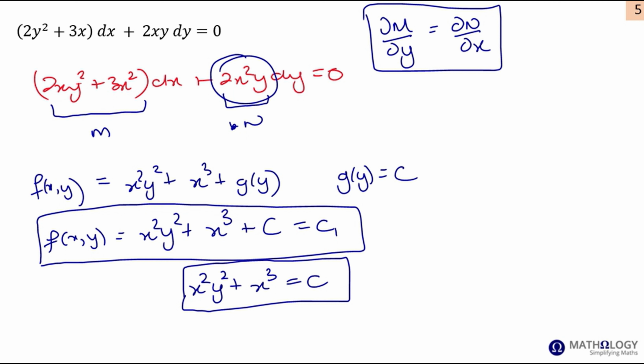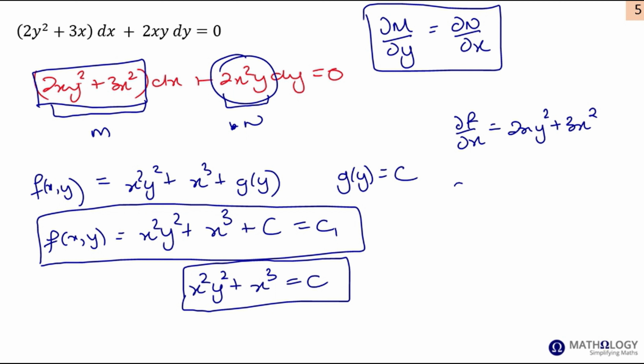Now just checking the solution, if we find the partial of f with respect to x, we will have 2x times y squared, so we'll have 2xy squared plus 3x squared, and that is this expression here.